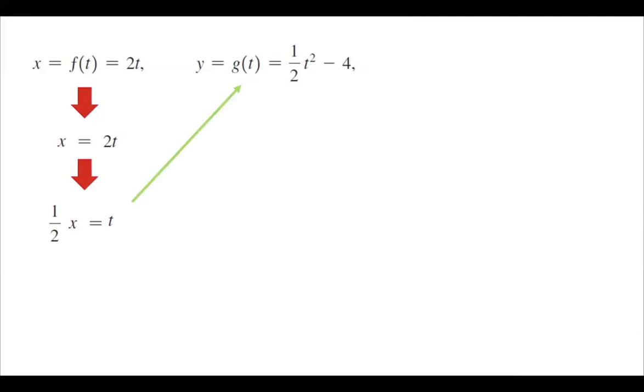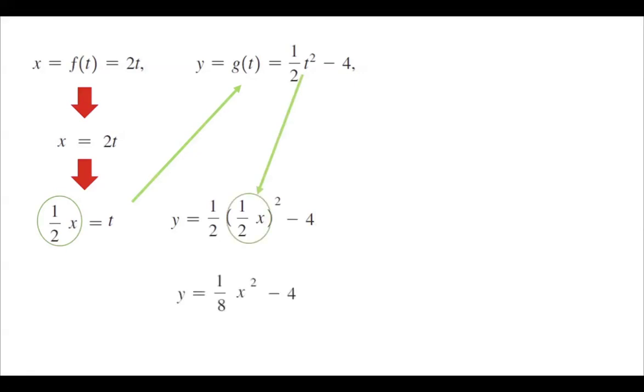Let us do a simple substitution. Wherever you see t, you write down a half x. So your y becomes a half times a half x to the second minus 4. And this in turn is y equals a half times a fourth, which is 1 over 8, x squared minus 4.